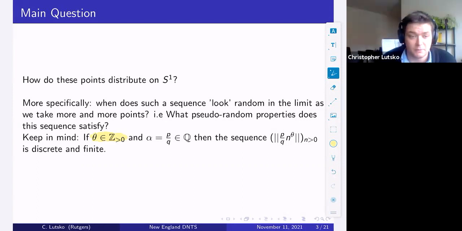So now we're talking about modular arithmetic, and any of these pseudo-random properties are obviously not going to be satisfied. So for the purposes of this talk, this is a not so interesting example.